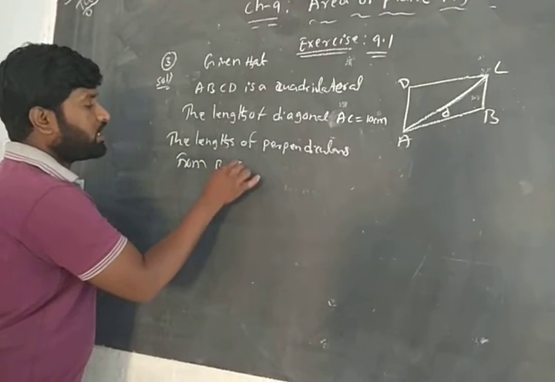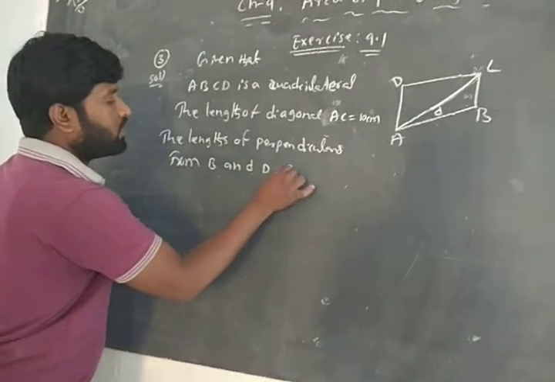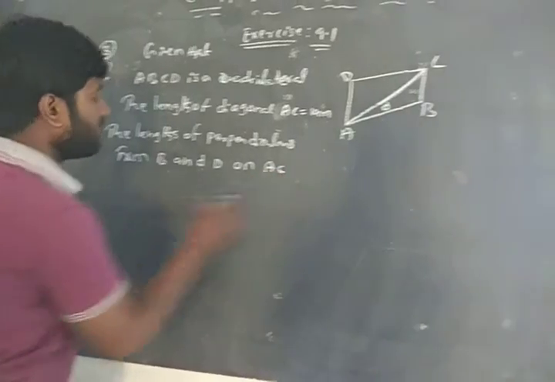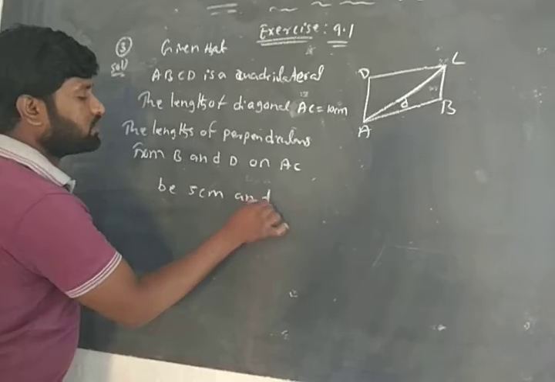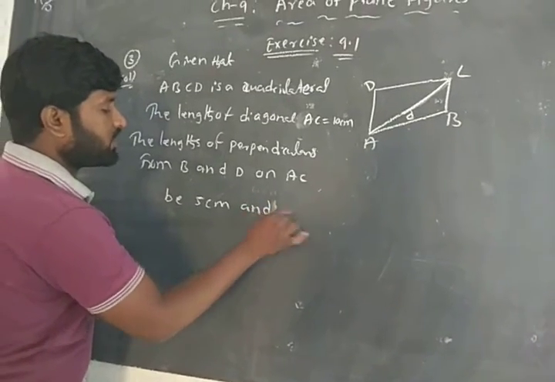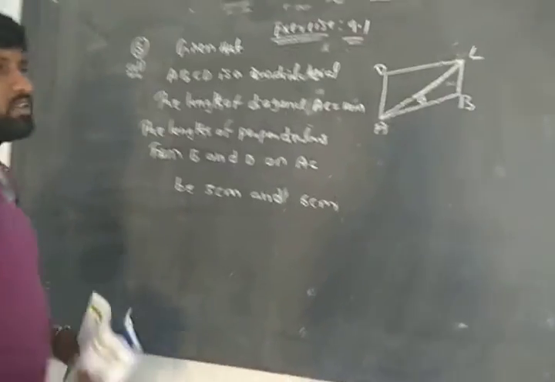From B and D on AC, the lengths are 5 centimeters and 6 centimeters.